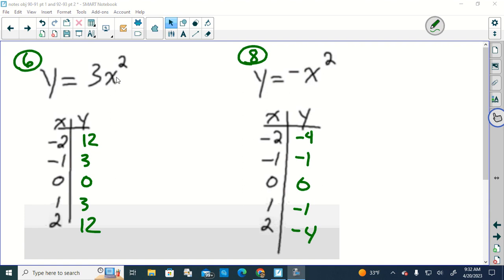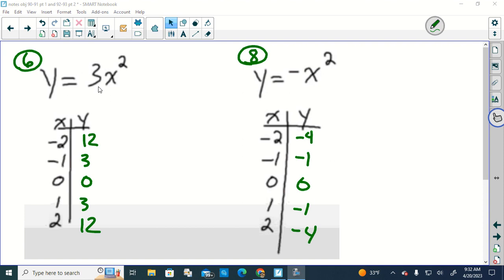When we had just x squared, from the value of 0 it was over 1, up 1, and then from the next one, it was over 2, up 4. What is happening to the right side? It's still over 1, but what is happening to the up side? It is being multiplied by 3.